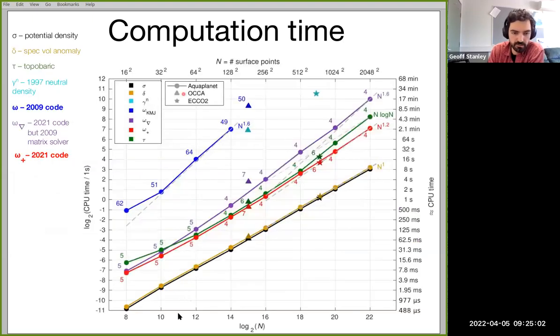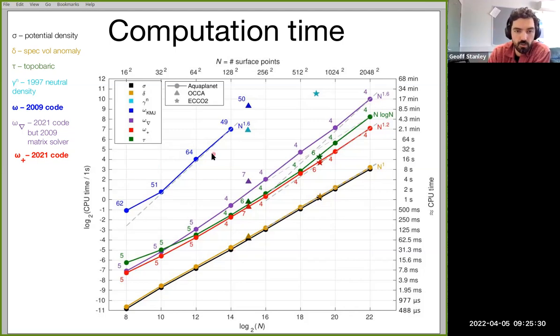Okay, but that was just one tiny little grid at 128 squared. Now let's see what happens as you change the grid size on the x-axis here. And again, now the CPU time for each algorithm is on the y-axis in log space. So the classic algorithms, sigma and delta, scale linearly with the number of water columns, n, as you'd expect, and they're very fast. So they're low down on this graph.